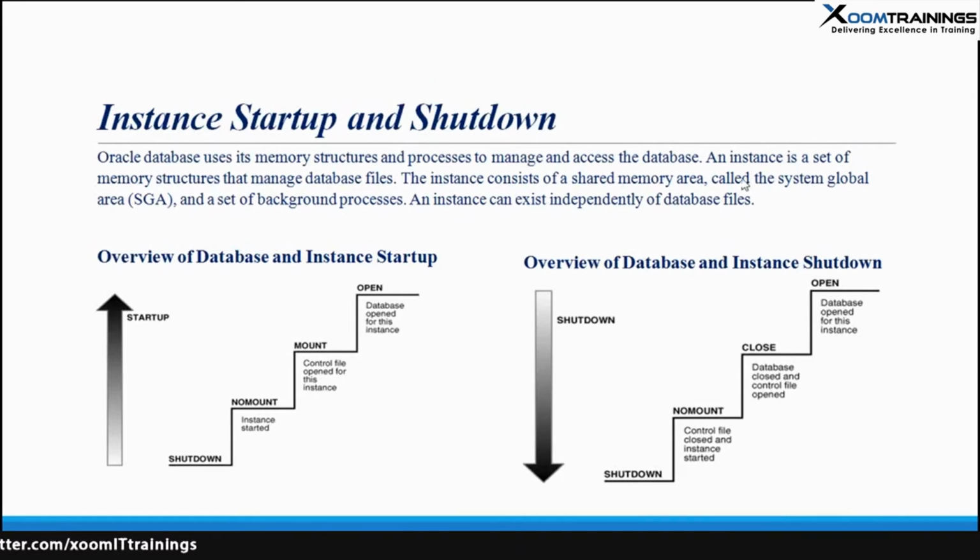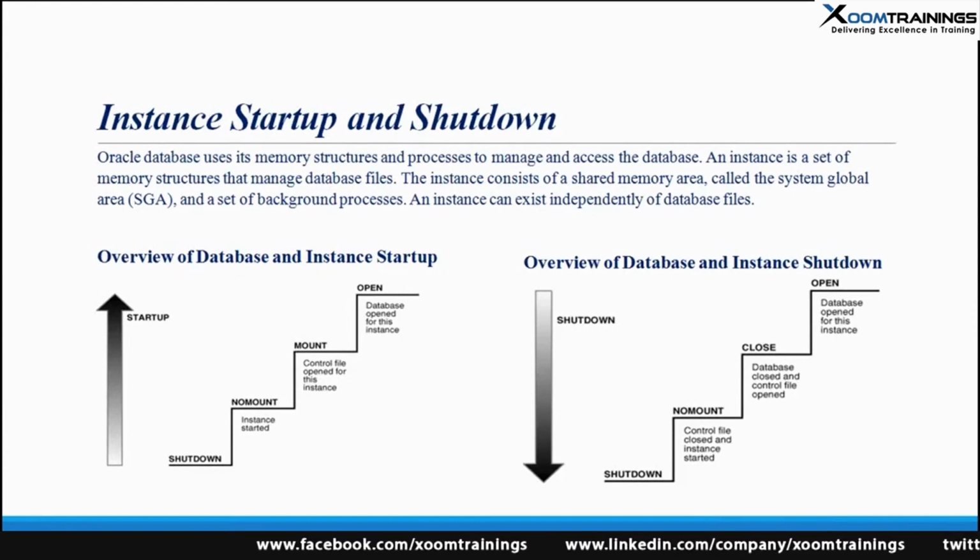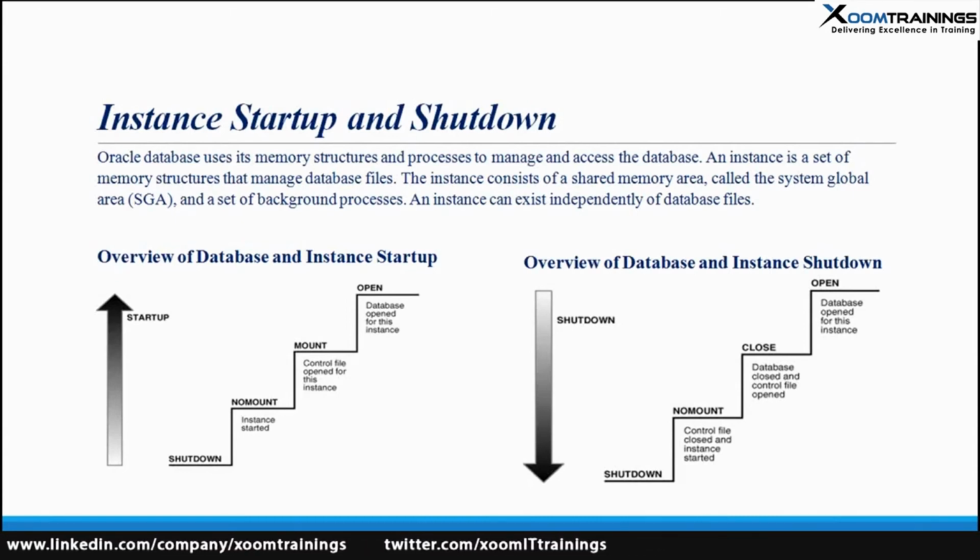Shutdown normal waits for all the users to close their sessions and all the sessions to be executed, and then it shuts down the database. Shutdown immediate rolls back all the sessions and shuts down. Shutdown transactional waits for the sessions to be committed and then it shuts down. Shutdown abort is the abrupt shutdown, and it is not recommended all the time unless we are going for a recovery or something.